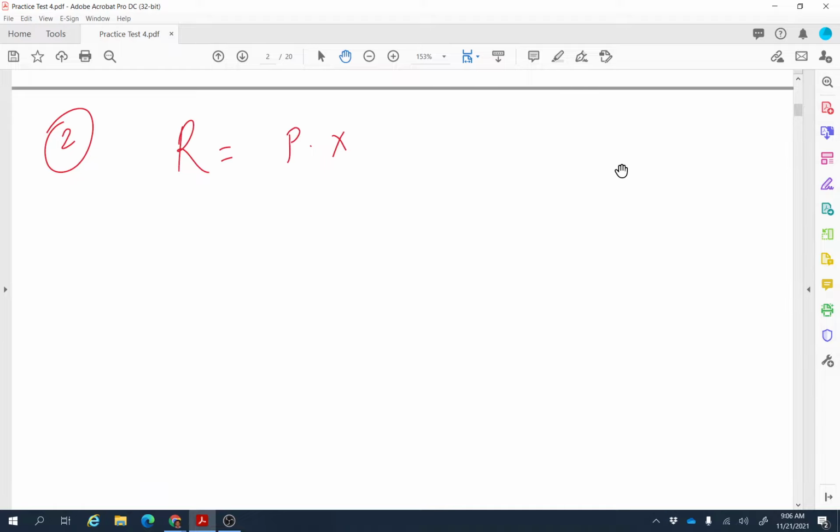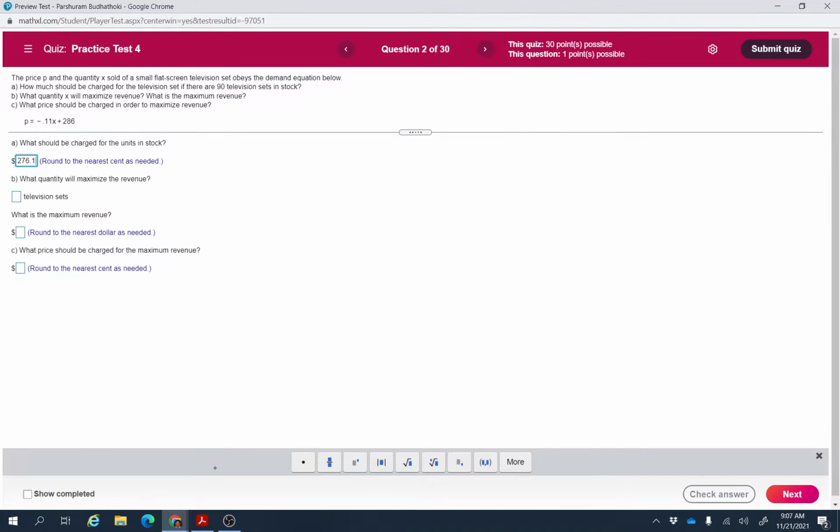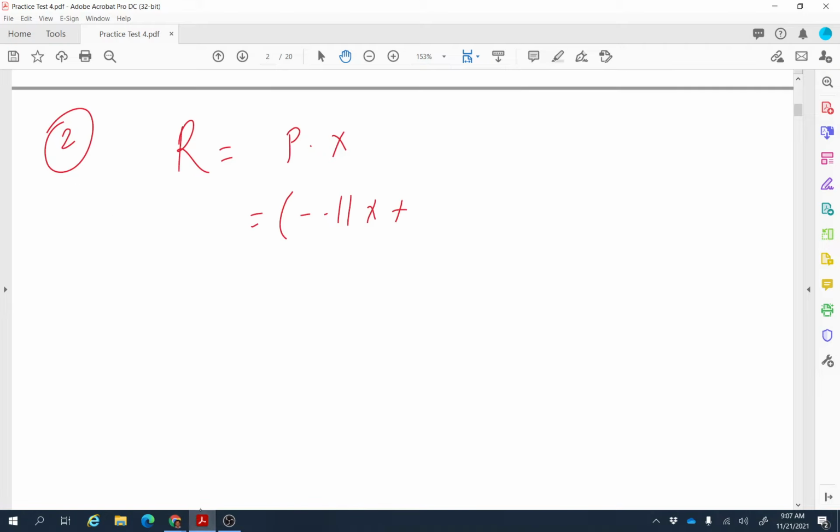So P times X. The price is given, negative 0.11 X plus 286, times X. So this is negative 0.11 X squared plus 286 X. As you can see, this is a quadratic function of X. So for finding the maximum value, you have to find the vertex.